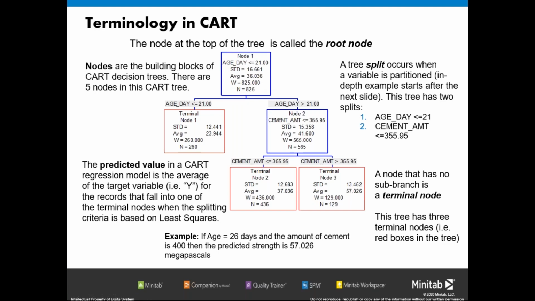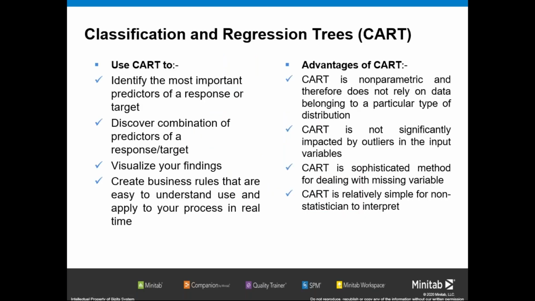So for the terminology, we have a root node and splitting value. Splitting comes from the predictor setting. Then we have a terminal node, meaning no sub-branch, and inside the terminal node we have the predictive value. So this one we call CART. Basically, CART is used to identify the most important predictors of a response or target.